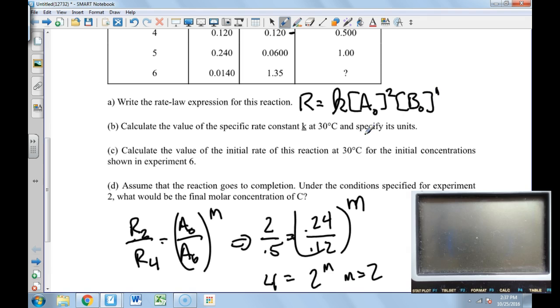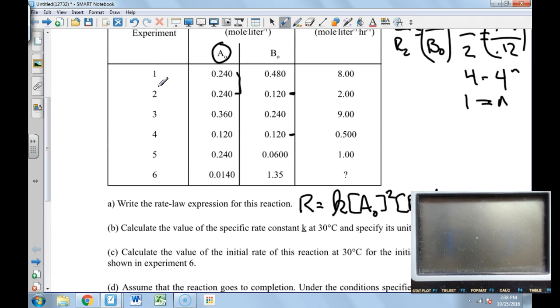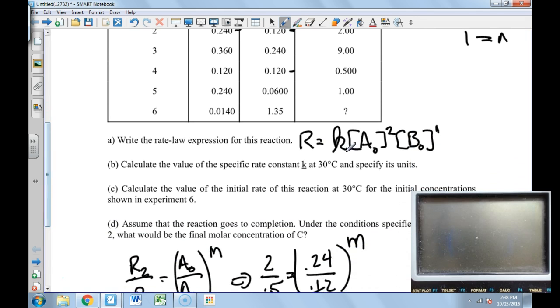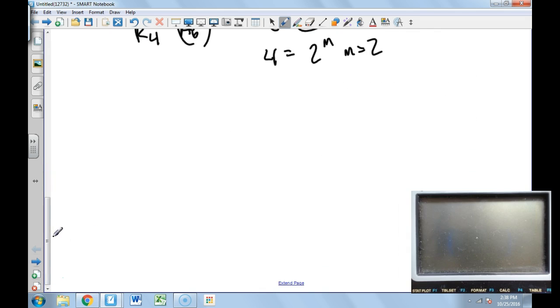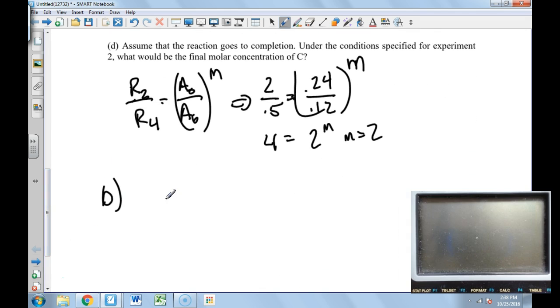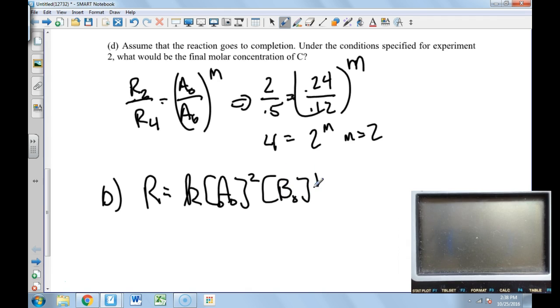Okay, so now it says calculate the value of the specific rate constant, and you can use any one of these experiments 1 through 5 to do it, because you just plug it into this rate law. So for part B, let me get a little more room. You're going to use R equals K A naught squared B naught to the first.